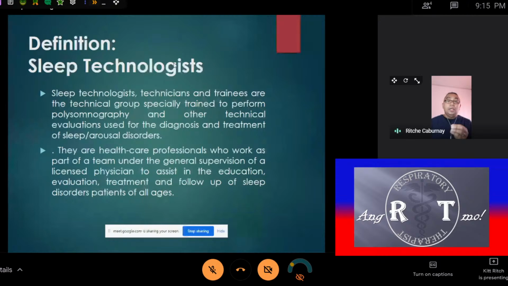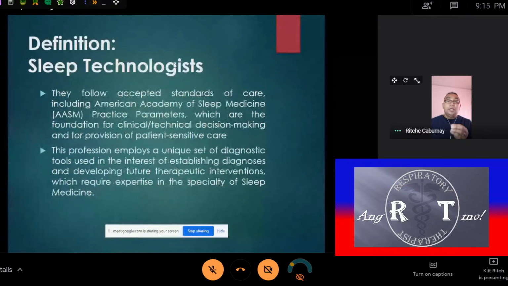Okay. Now, of course, sleep technologists follow accepted standards of care, including the American Academy of Sleep Medicine practice parameters, which are the foundation for clinical and technical decision making and for provision of patient-sensitive care. Because my license is from the United States, of course, we are going to follow the accepted standards of care from the AASM, or American Academy of Sleep Medicine.